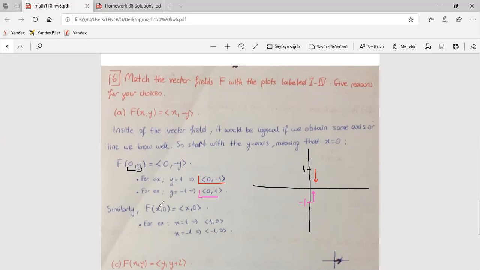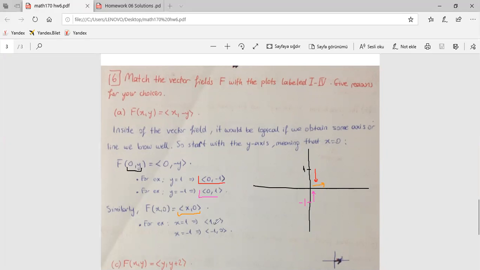When we're on the x-axis, which means when y equals 0, we obtain the vectors (x, 0). So let's write them too. For any x, we obtain these vectors. When x equals, for example, 1, we have the vector (1, 0). It looks like this.